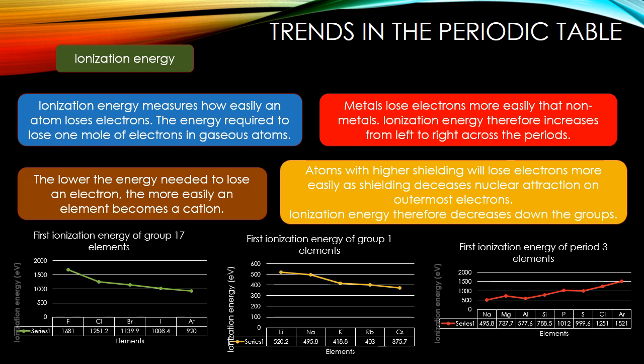For the trend across period 3, sodium has the lowest first ionization energy, whereas argon has the highest. Effective nuclear charge increases from left to right. Therefore, first ionization energy increases from left to right of the periodic table.